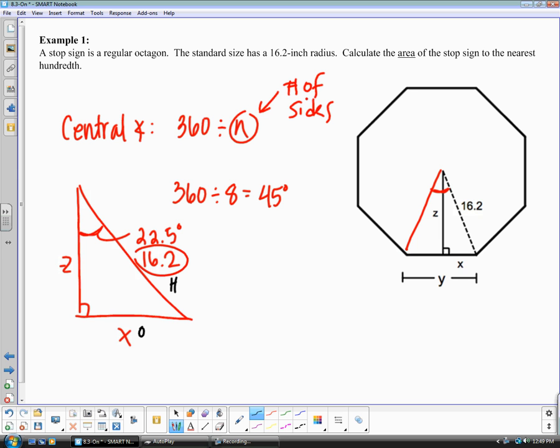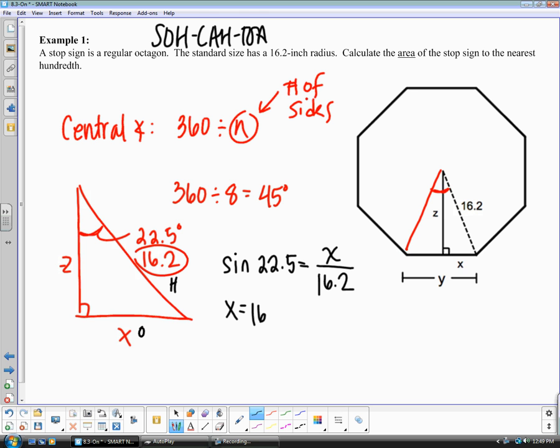So using SOHCAHTOA, which one will you use? Well, we have to use sine. So we're going to say sine of 22.5 is equal to the opposite over hypotenuse. Create a proportion and cross multiply. X is going to come out to be 16.2 times sine 22.5 degrees.